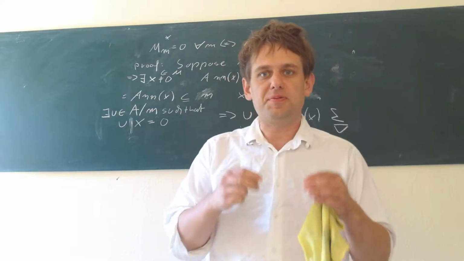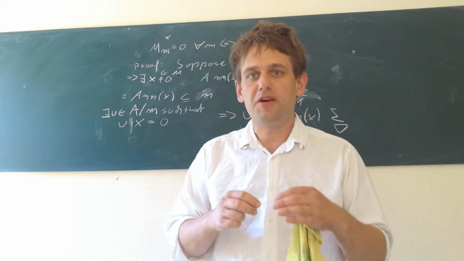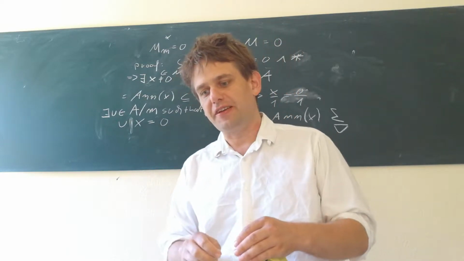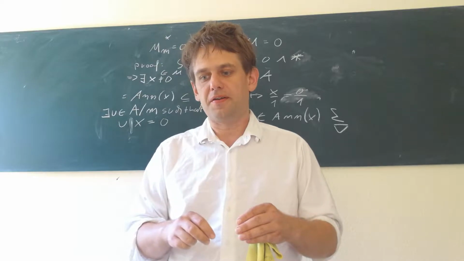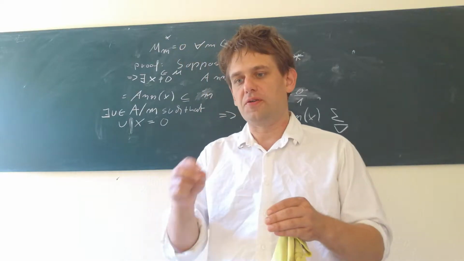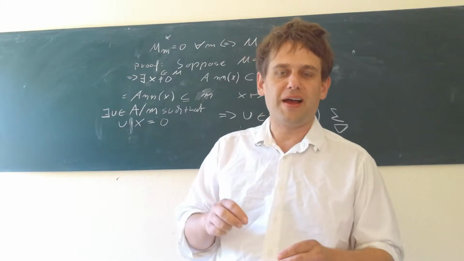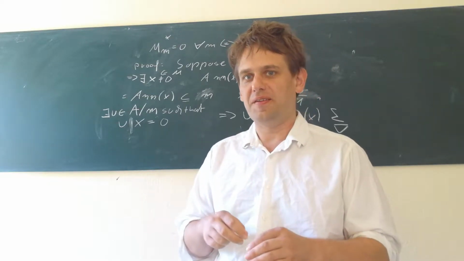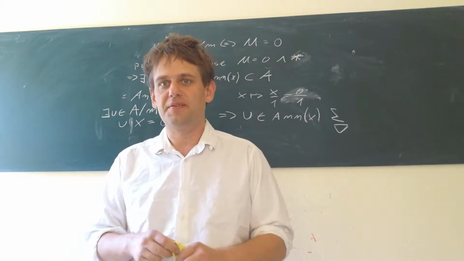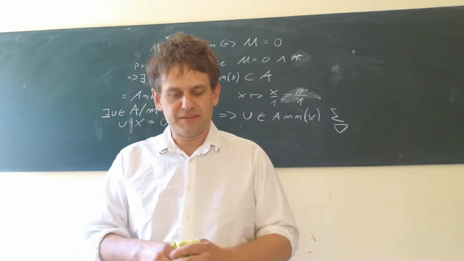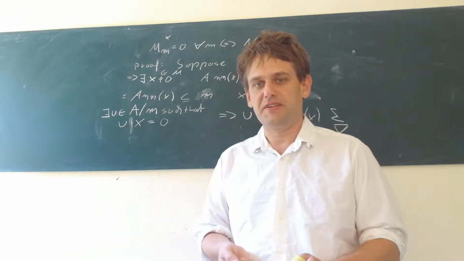So it is a property that is true for the module M if and only if it is true for all the modules M localized at P, for every prime ideal P, and these prime ideals are of course prime ideals of your ring A. And this is just as a reminder of how a local property is defined.